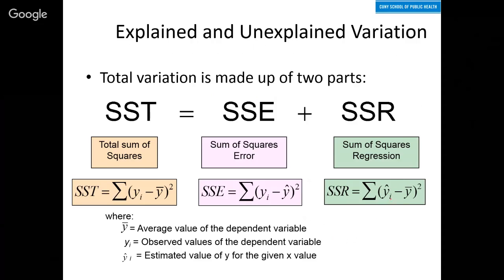So these are the predicted values minus the mean under the intercept only model. These are predicted under the linear regression model, the y-hat, and these are predicted under the intercept only model. I'm using y bar to mean the overall mean of y and y-hat to mean the predicted values of y at each value of x.